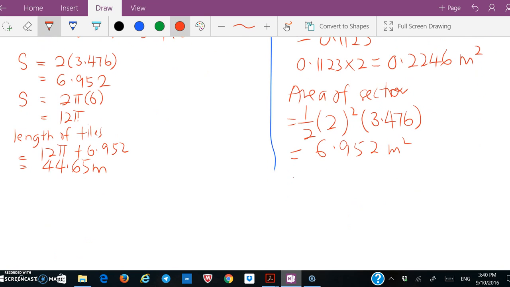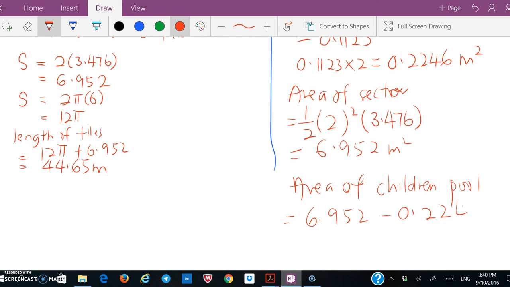So the area of the children's pool is 6.952 minus 0.2246. That is 6.727 meters squared. Okay, that's all.